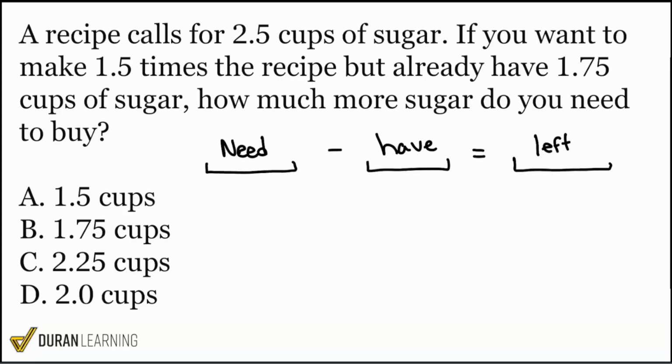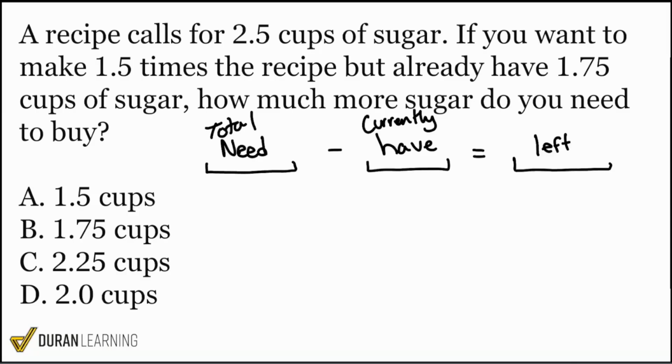To get how much more we need or how much is left to buy, we'll figure out how much we need in total, and we'll subtract how much we currently have, and that's it. And we're good. So boom, if you already have this plan in your head, you already got it correct in principle.